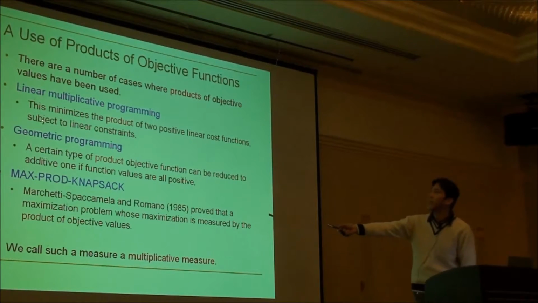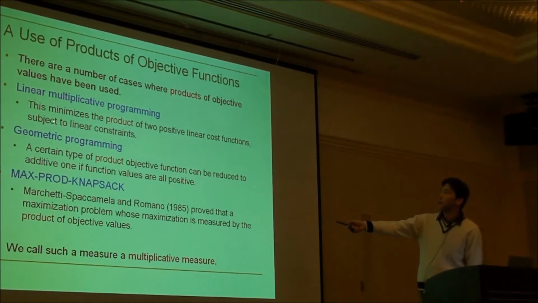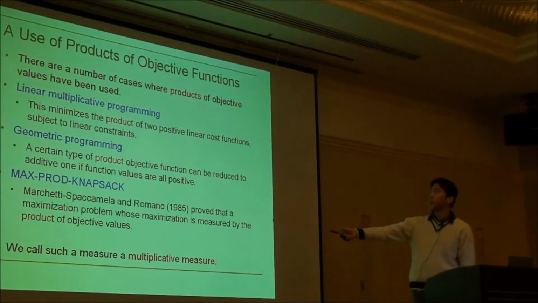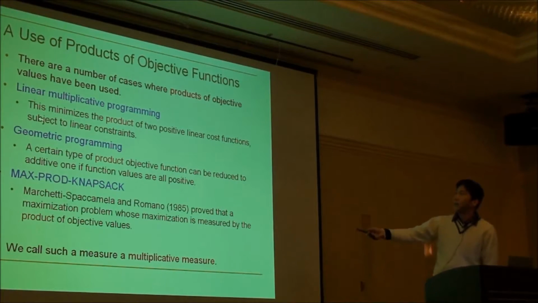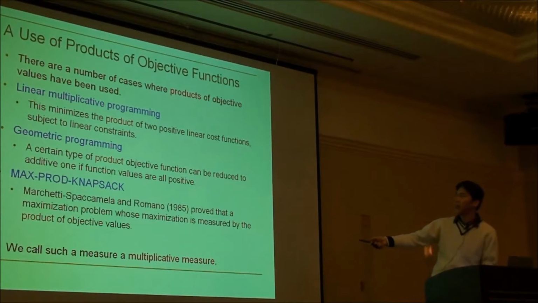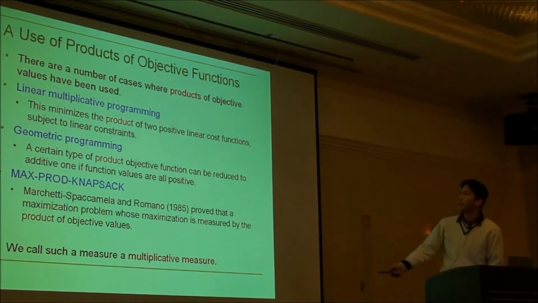For example, in linear multiplicative programming, the problem is to minimize the product of two positive linear cost functions subject to linear constraints. In the field of geometric programming, they have some arguments on how to reduce the product objective function into an additive one. The third example is more relevant to my talk.